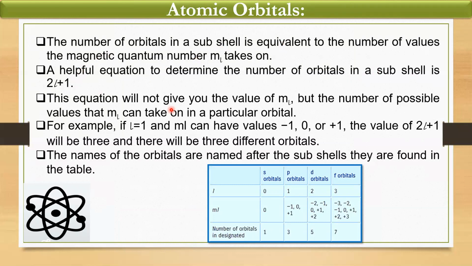For example, if L is equal to 1, then ml can have values minus 1, 0 or plus 1, because 2L plus 1 gives three different values, or three different orbitals. The orbitals are named after the subshell they are found in, so they are referred to as s, p, d and f.